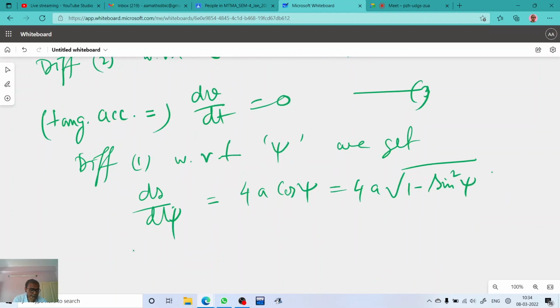So rho equals ds d psi, the radius of curvature, and rho equals 4a root of 1 minus s by 4a whole square, since sin psi equals s by 4a.